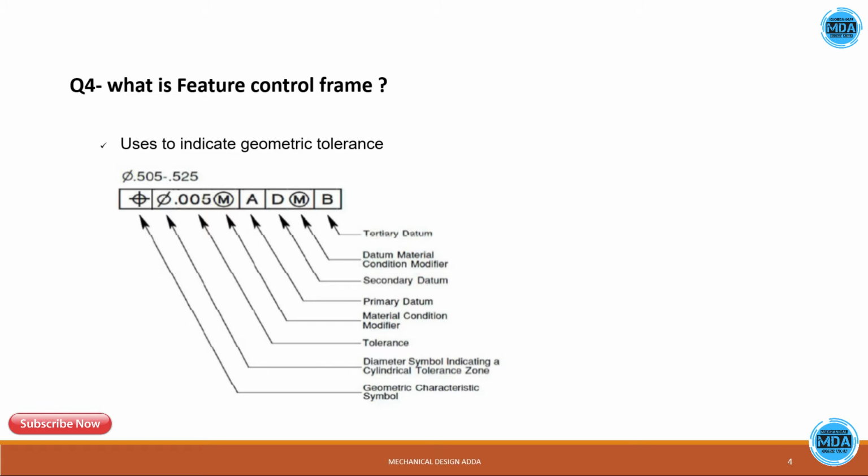Here you can see that the first compartment is the geometric characteristic symbol, then the tolerance zone, then the tolerance and material condition if required, and then we have the primary, secondary and tertiary datum. These are the compartments of the feature control frame, and it is used to apply GD&T on the drawing.